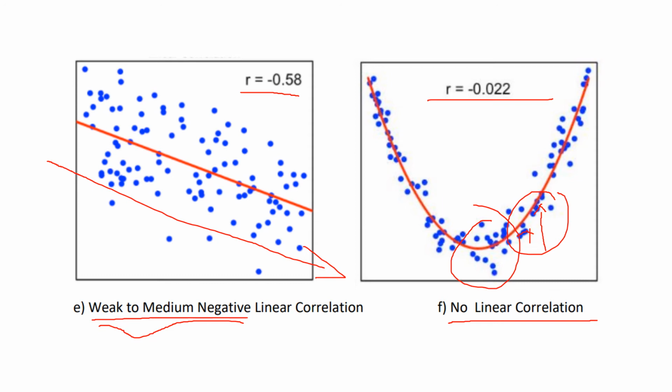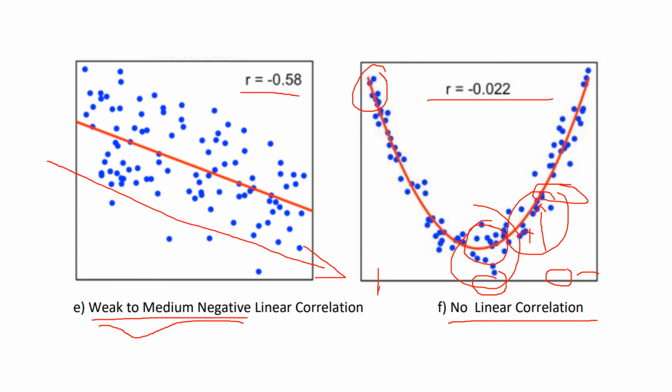So at this point, there is a variation between the values of your y. From a small value of x, there's a higher value of y here. For a higher value of x here, there is a smaller value of y. So there is a variation in the values of y, even if your x increases.